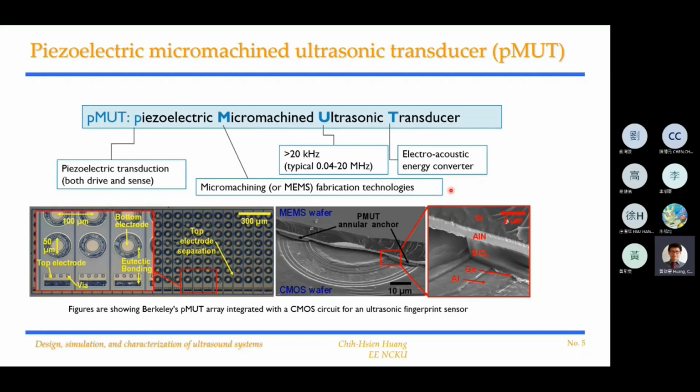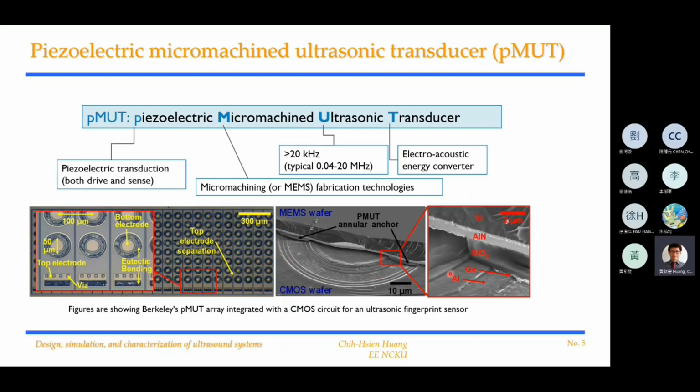Here I show you one example of what a PMUT looks like. To be efficient, most of them are made in a circular shape, and sometimes we can use bonding technology to have more flexibility in making it.